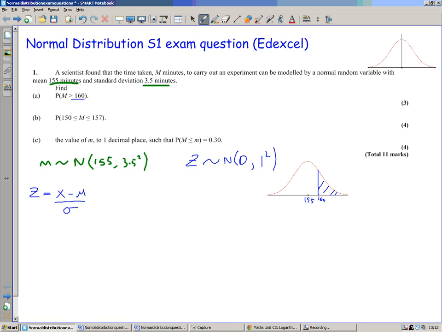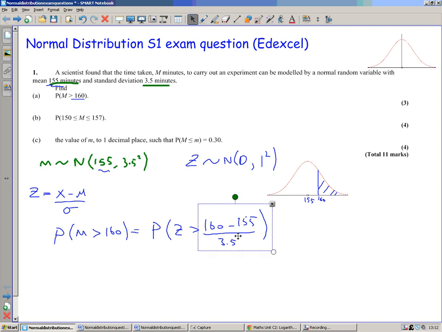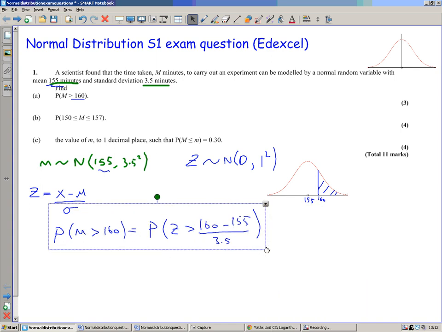So to answer the question, the probability that m is greater than 160 is the same as the probability that Z is greater than 160 minus 155 divided by 3.5. That is our normal distribution calculation.